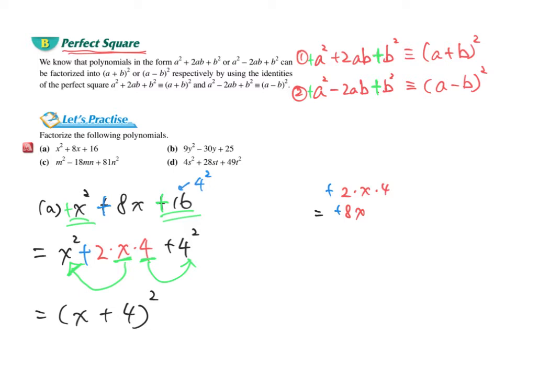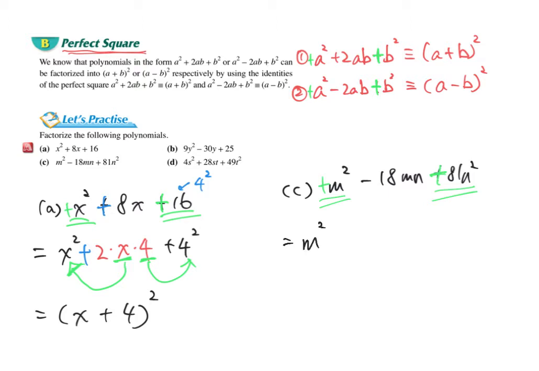So let's do one more example. Let's say question C, m squared minus 18mn plus 81n squared. We can see the first term is positive, the last term is positive, and both of them can be written as a square. Remember to give a bracket here.